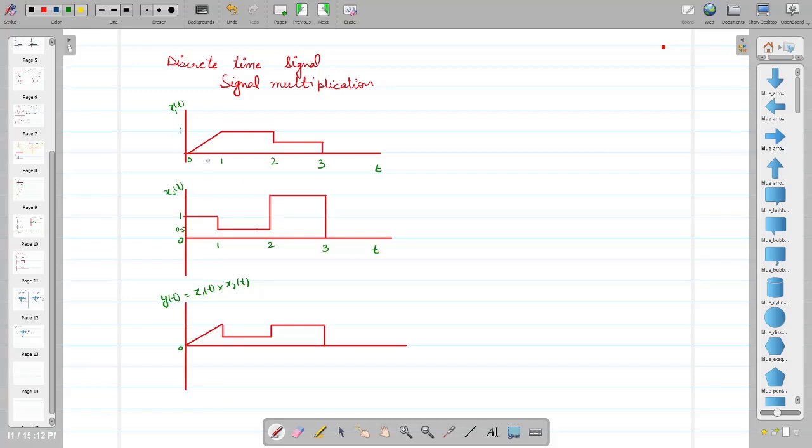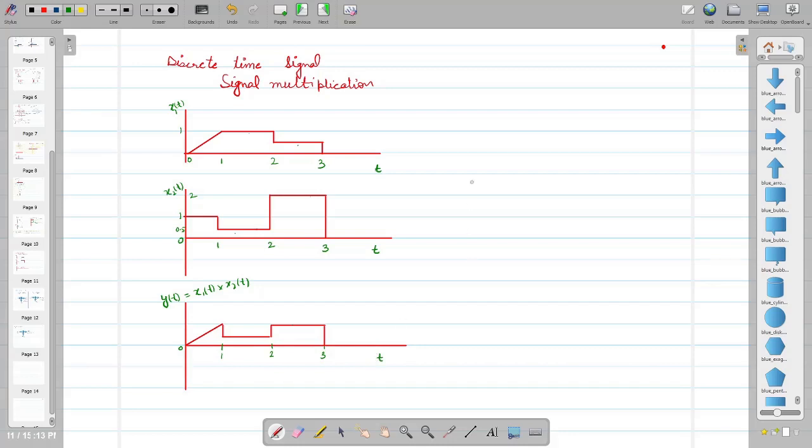So if I multiply these two portions up to 1, we are having a slightly increasing signal, because we are multiplying only with the 1, and from 1 to 2 we are having constant term, it is 1 and it is 0.5, so 1 into 0.5 leads to 0.5, and at 2, the amplitude here is 2, so 2 is multiplied with 0.5, so it is going to be 1. So this is up to 1, this is up to 2, and this is up to 3. So this is time axis.